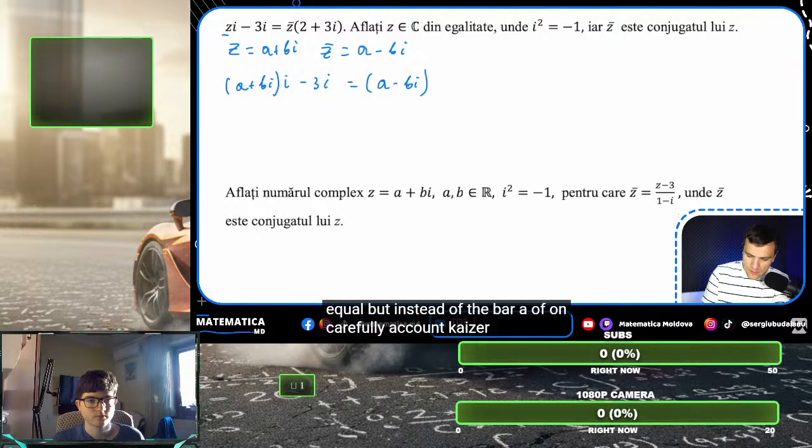So now it's just written like that. a plus bi. So z is a plus bi.